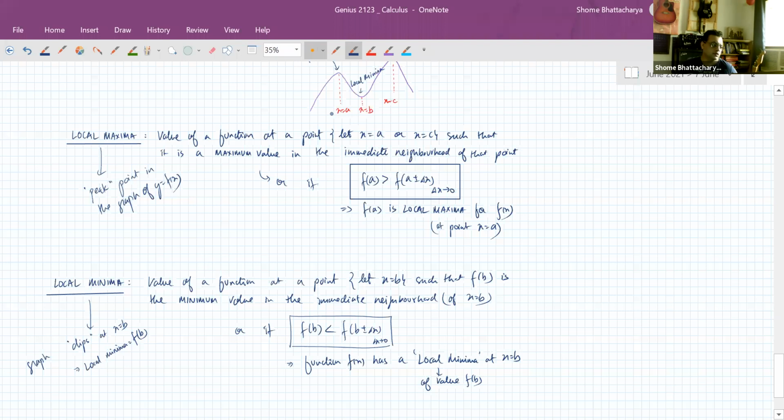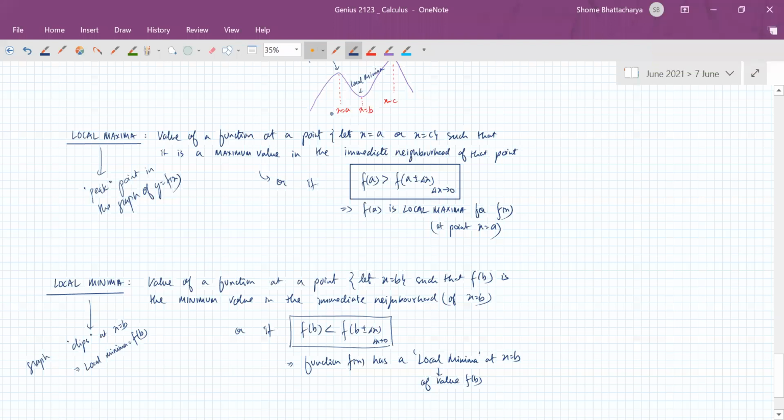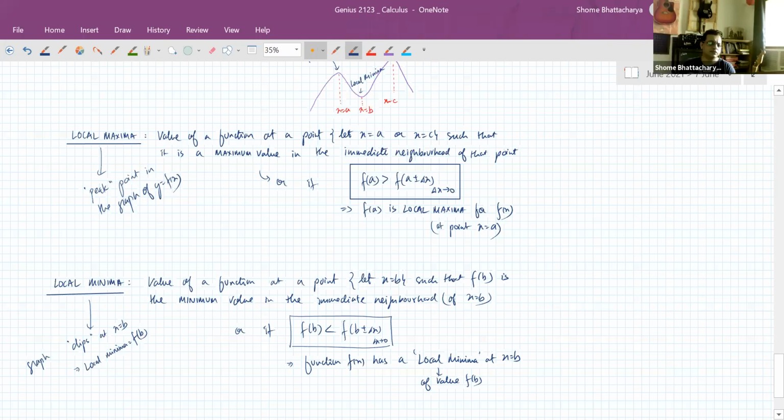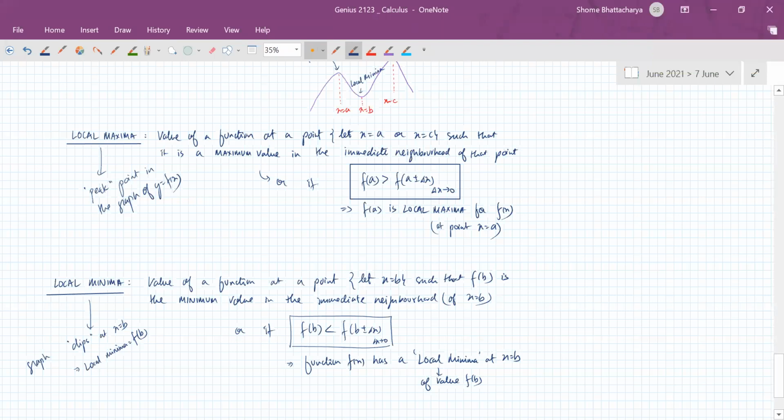Yes, Nishchay. Sir, so in the third quadrant, sir, where we are having a local maxima, so it is our global minima. So in that case, sir, in which quadrant, third, beta? I didn't understand. Which function you're talking about again? Sir, x plus 1 by x. Sir, so in that case, magnitude wise, it is still the maxima.